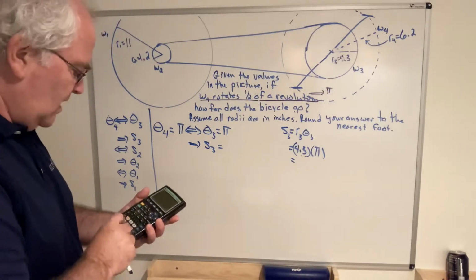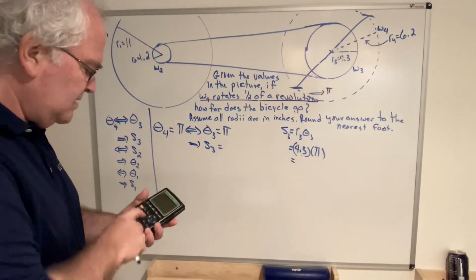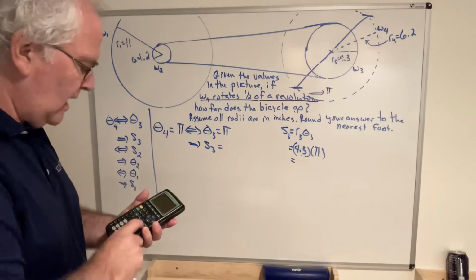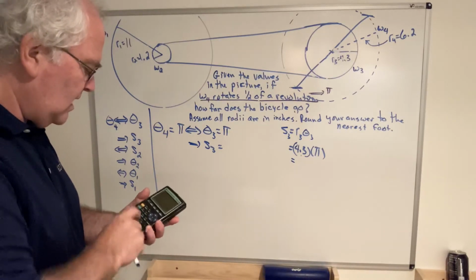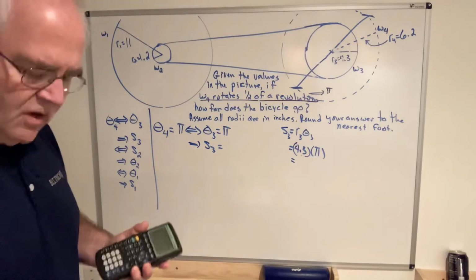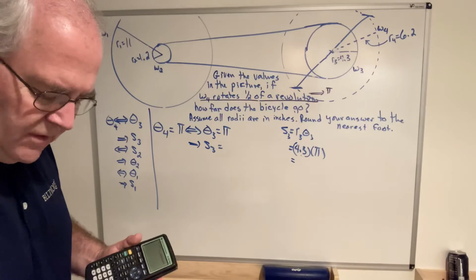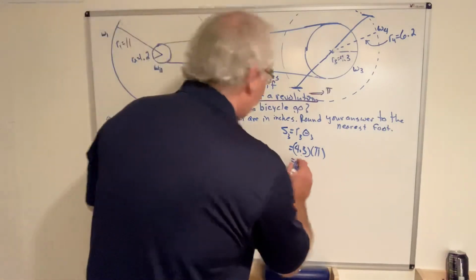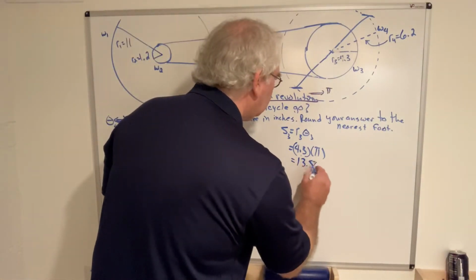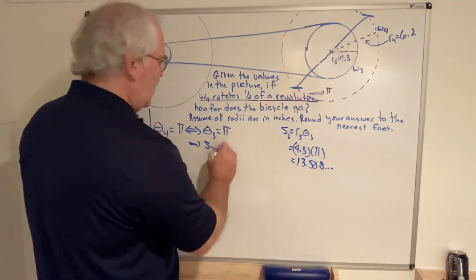So I'm going to do 4.3 times pi. 4.3 times pi, try it the third time. I have 13.5088. All right, let's check my results here, 13.5088. Leave that number in the calculator.